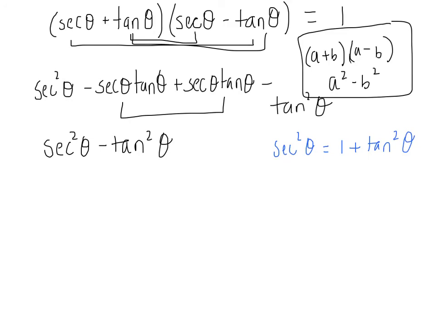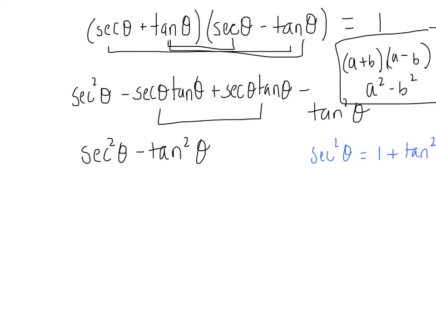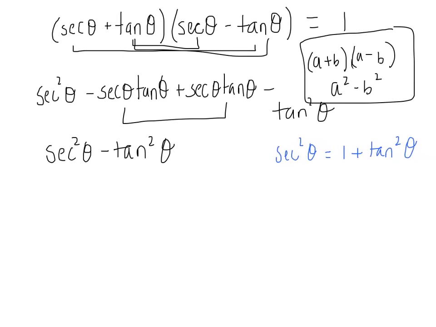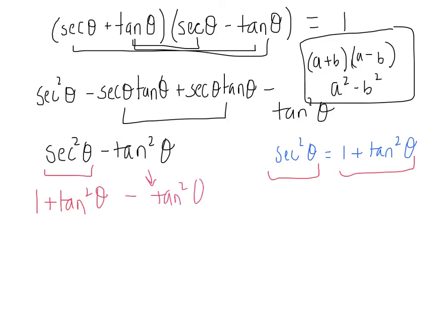And so that would mean that where there is a secant squared theta, I could replace it with 1 plus tangent squared theta. That's what I want to do here. Instead of writing secant squared theta, I want to write 1 plus tangent squared theta, and then bring this down, minus tangent squared theta.